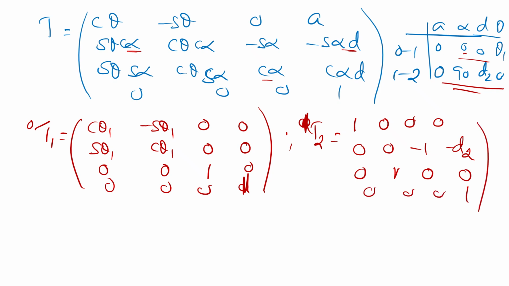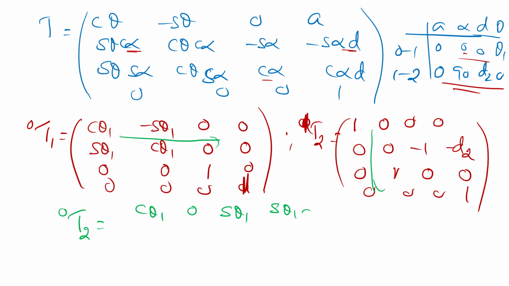Okay, so let's multiply. When you multiply, it is T0. So multiply this with this, the answer is C theta 1, 0. And this one, C theta 1. Then when you multiply this with this, it is 0 only. When you multiply this with this, S theta 1. When you multiply this with this, S theta 1 D2.